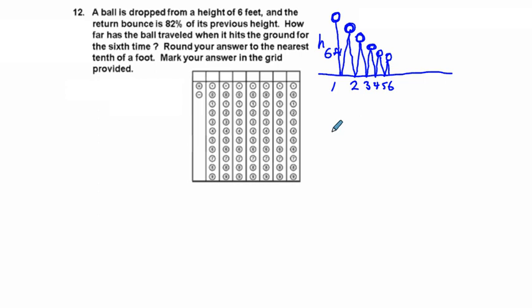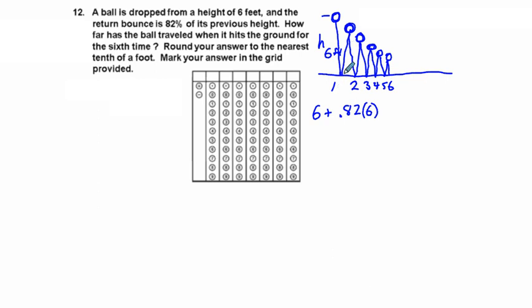So what we're going to have is our initial drop is going to be 6 feet. And then our next bounce is going to reach a height of 82%, which is 0.82 of the original 6 feet.